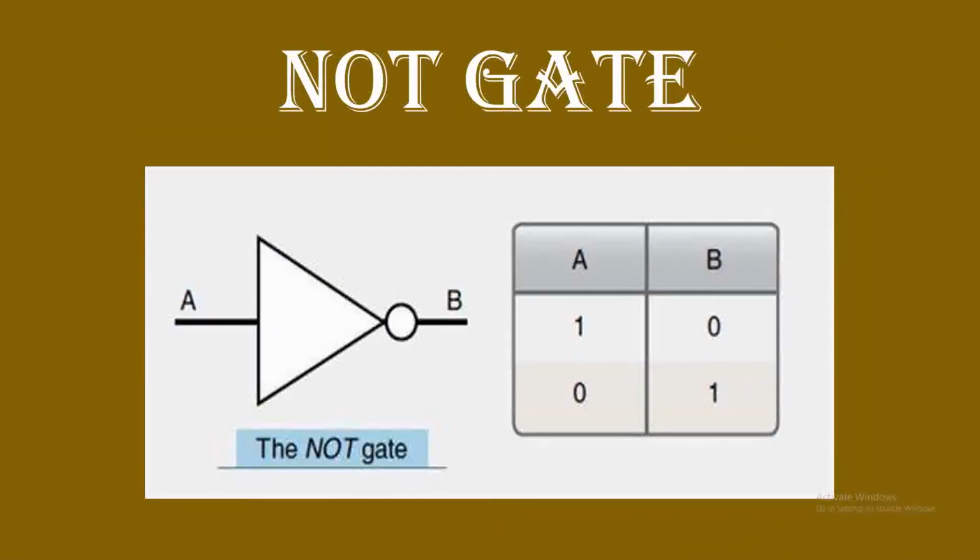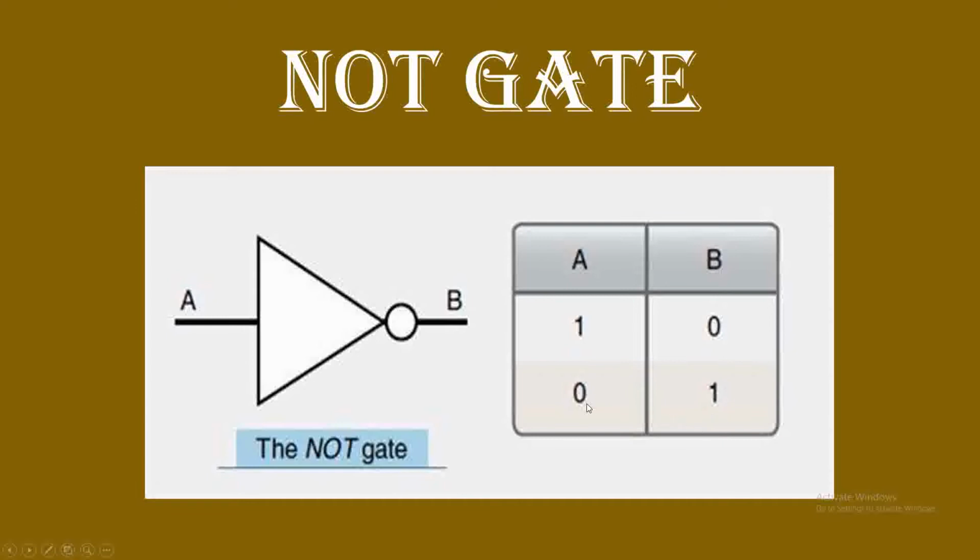As you can see, this is the NOT gate. The input is A and the output is B. This is the symbol, whereas this is the table. As the name implies, anything you have as the input, the output will be the opposite. If the input is 1, the output will be 0, and vice versa. If the input is 0, the output is 1.